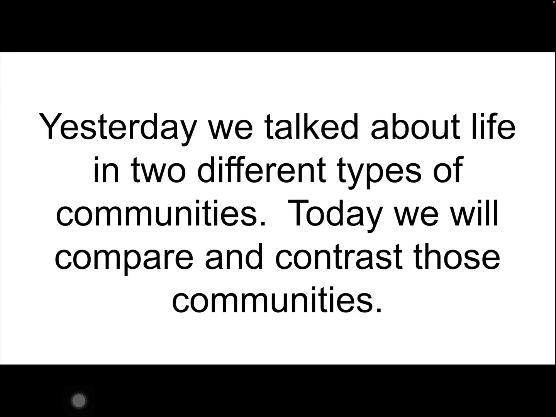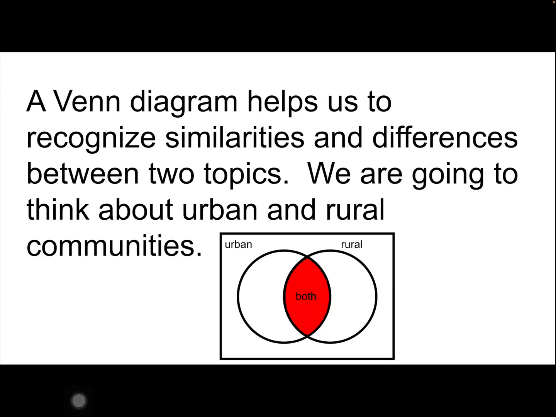Yesterday we talked about life in two different types of communities. Today we will compare and contrast those communities. A Venn diagram helps us to recognize similarities and differences between two topics. We're going to be talking about urban and rural communities.